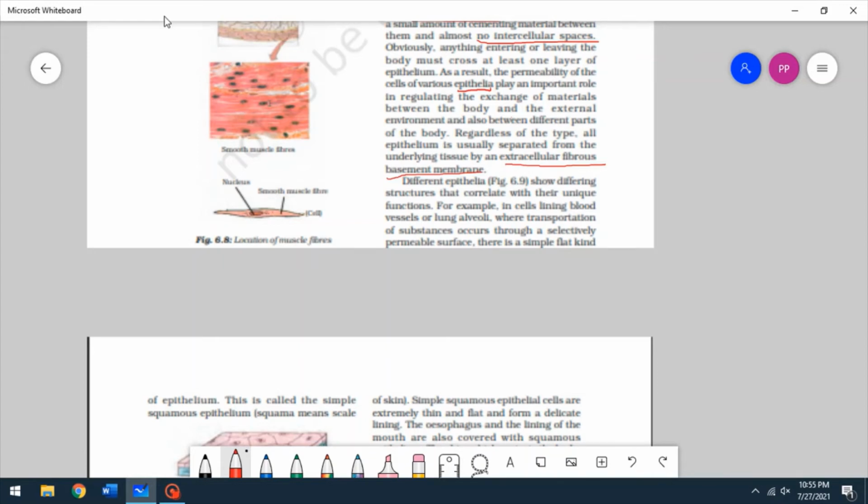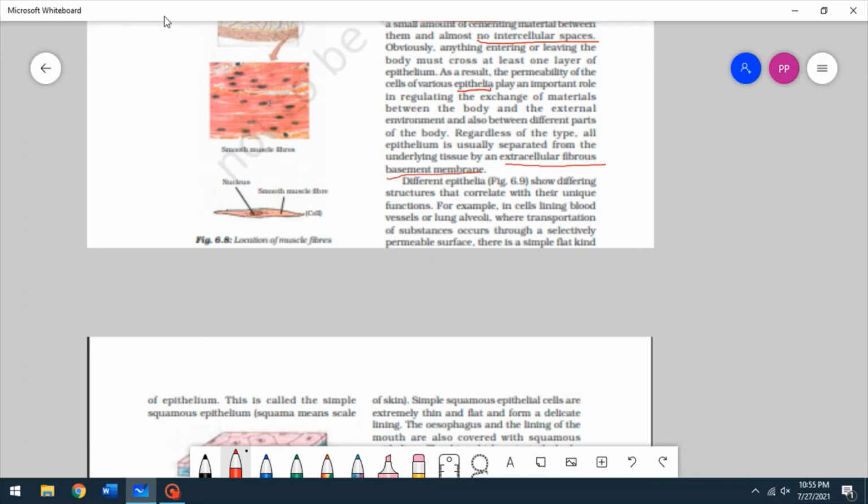So like if you have a neuron and if you have a bone, the main function of a neuron is to conduct messages between the body. That's why it's long. And the primary function of a bone is to provide support and a framework to the body, which is why it's rigid. There's no point in neurons being rigid and bones being long.